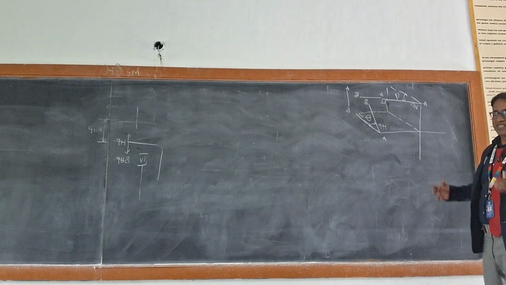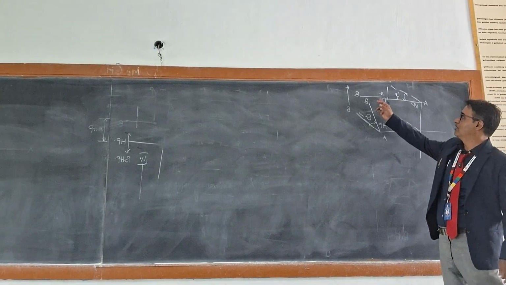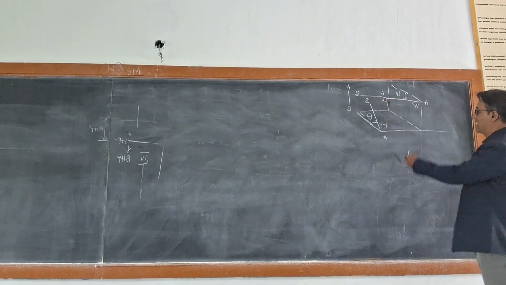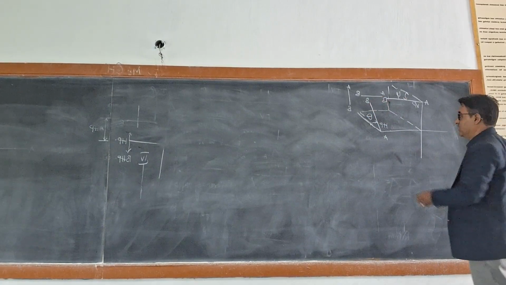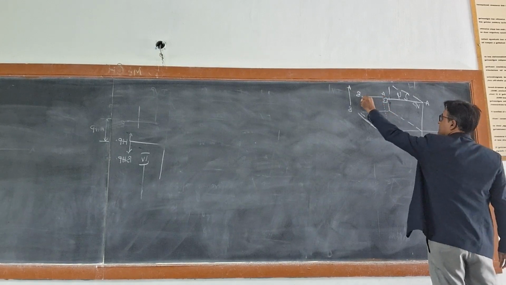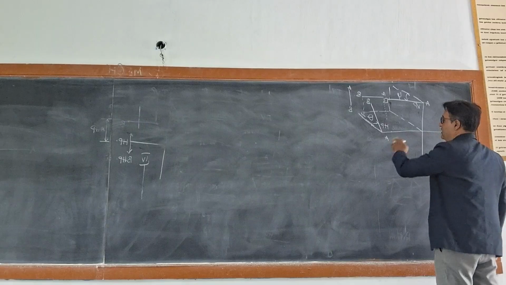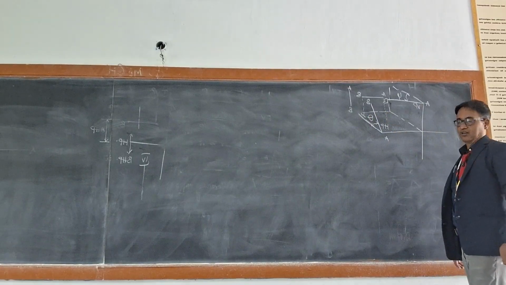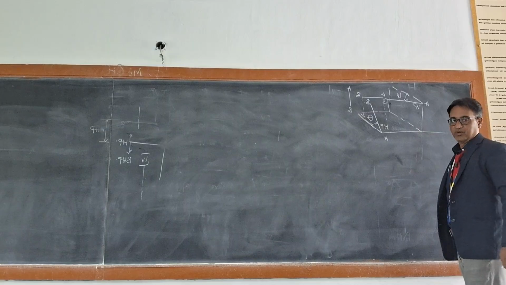Now, for example, when I am going to draw the projections of AB which is parallel to XY, simply what I am going to do is draw the projectors, right? The projectors will hit the ground, or what you call the horizontal plane.